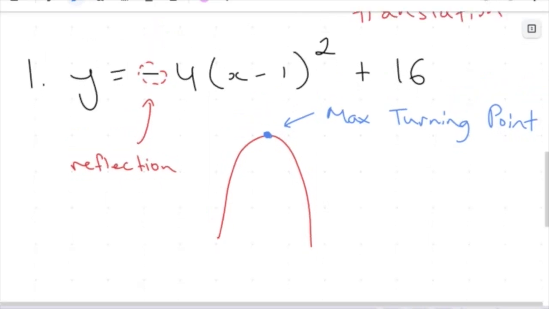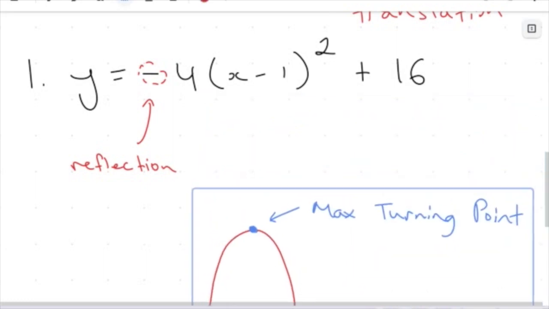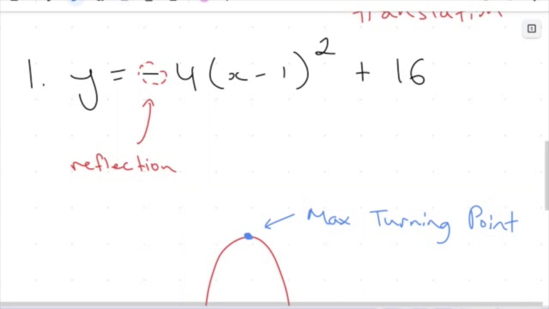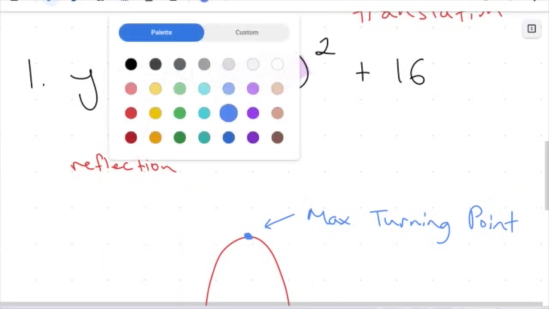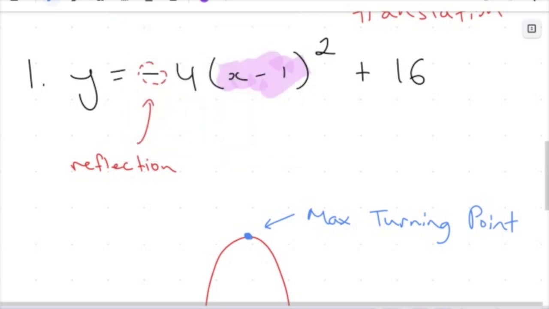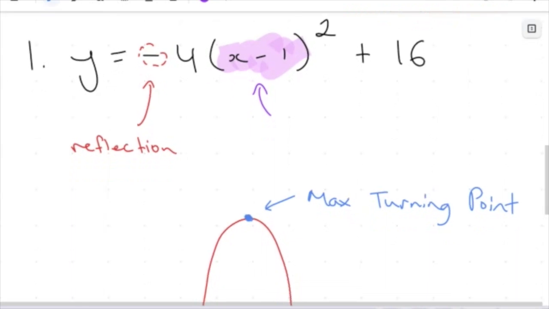Now, if we remember over here, let's actually just highlight this and drag it down. This part here told us where the vertex was getting shifted. So our point here is going to move left or right depending on whatever this value is. So this is x minus 1.